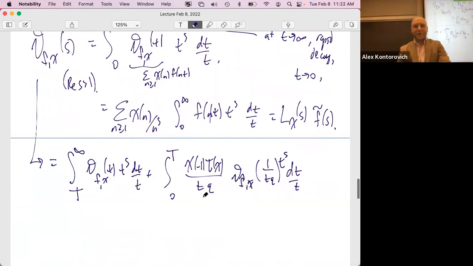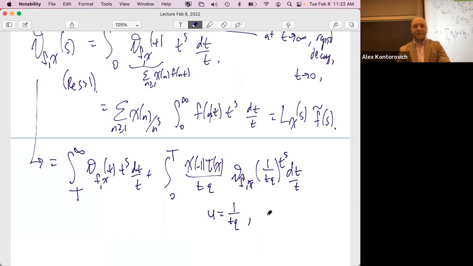And here I'll make the change of variables. Let's replace t by 1 over qt. Okay, let's do this as a real change of variables. I'll make u equal to 1 over tq, so that this becomes just u.